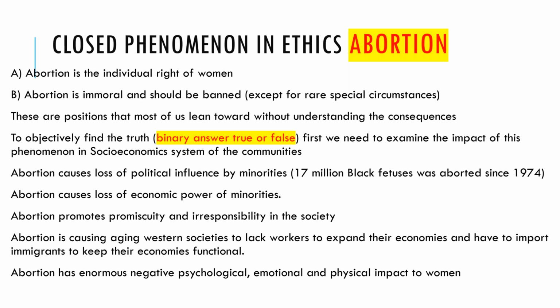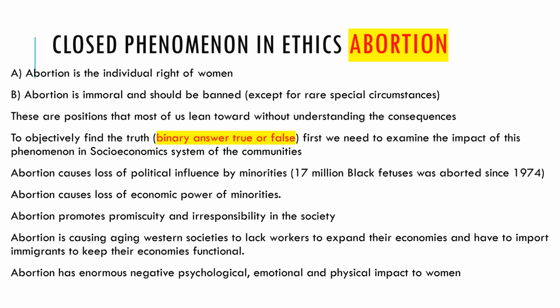Of course, except for rare special cases. But ironically, we need to examine further what is the application of this law, the impact of it in society, which is material. You see, the source, which is preventing abortion, is objective.